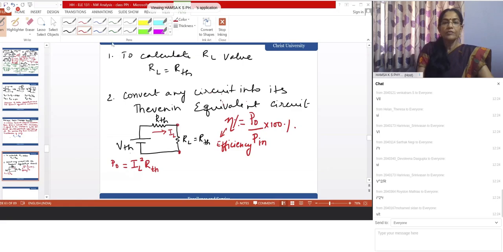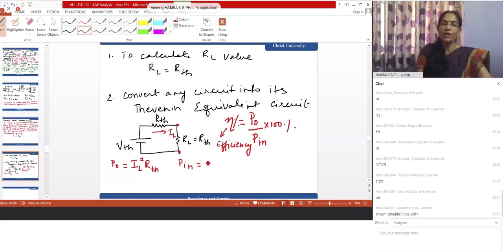What is the input power? What is the equation for Pin? I squared. Okay. We don't have RL now. We have only RTH, isn't it? RL is equal to RTH.